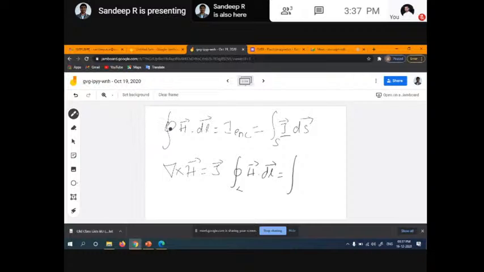This is nothing but the Stokes theorem, which states that the circulation of vector field H around a closed path L is equal to the surface integral of the curl of H over the open surface S bounded by L, provided H and del cross H are continuous. So in simple terms, the line integral of H dot dl is equal to the surface integral of curl of H dot ds.